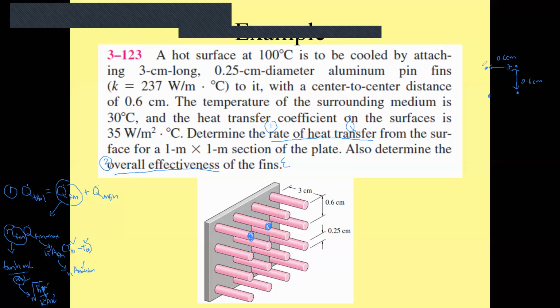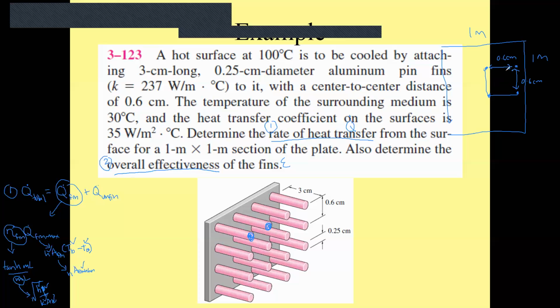So each of these is a fin. You have a square of 1 meter times 1 meter. How are you going to fit this distance in this area? You can just take this as a square. How many squares can you fit into this?